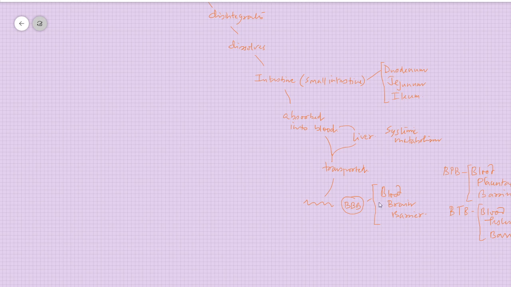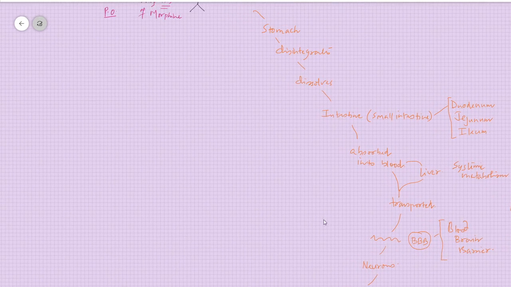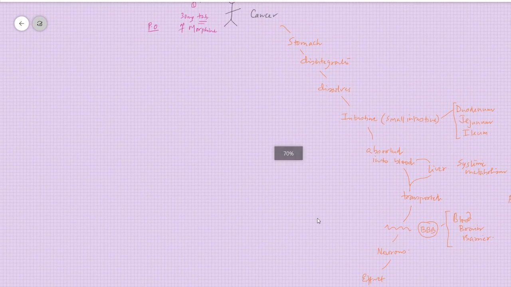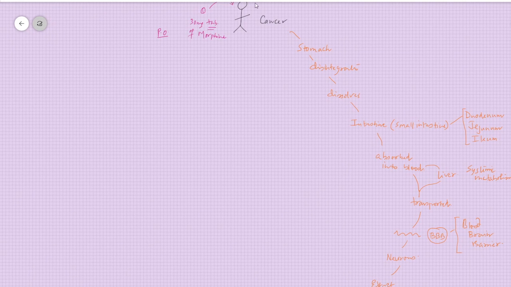So in this case, it crosses the blood-brain barrier, and then it gets into the neurons. And then the pain-killing effect is seen. So that's how we have traced the morphine tablet. It ultimately produces an effect in the CNS. In this case, it's a pain-killing effect.